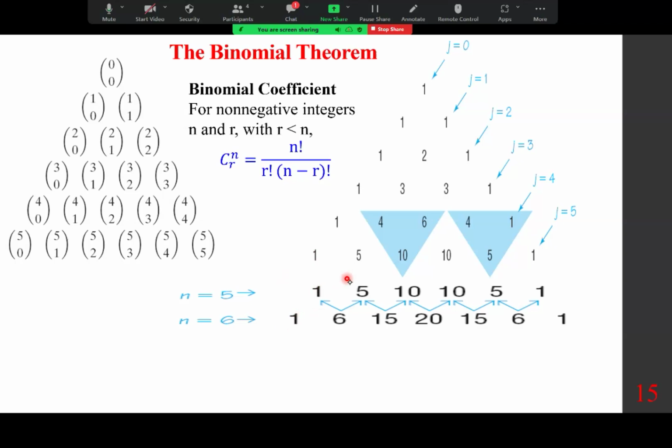And then we are going to combine. See, I'm repeating this line. 5 and 10. 1 and 5 add up to 6, 5 and 10 to 15, 10 and 10 to 20, 10 and 5 to 15, 5 and 1 to 6, and the end points, the left and right, are 1. So you keep 1 here, and the next one you add these two and you get 7, and so forth.